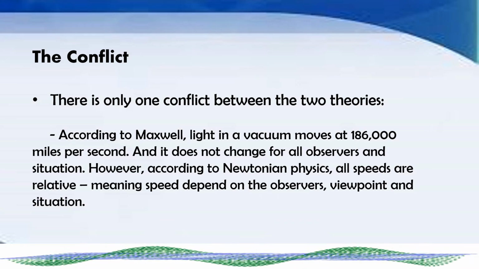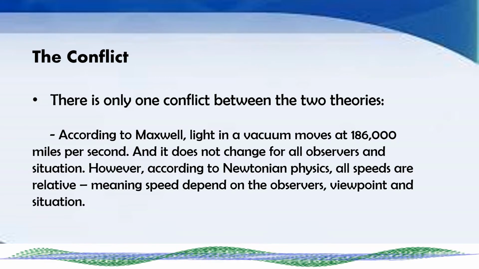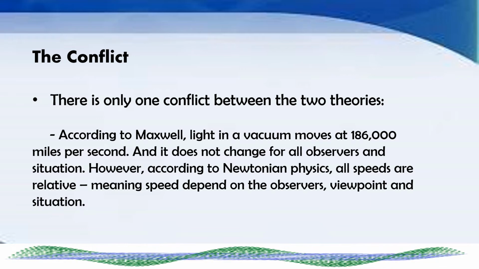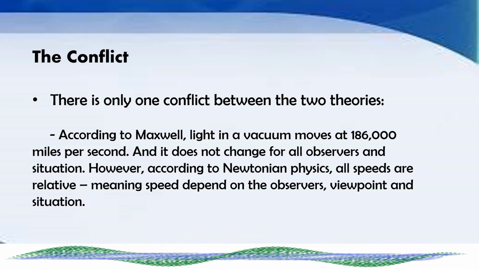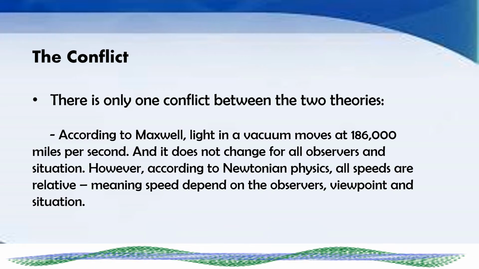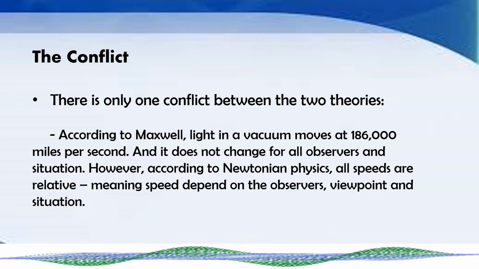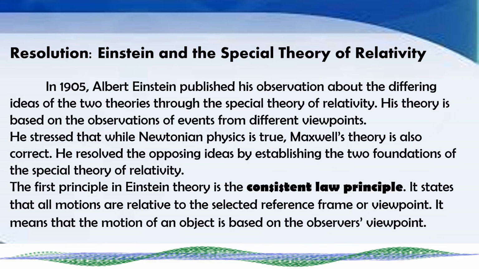However, according to Newtonian physics, all speeds are relative, meaning the speed depends on the observer's viewpoint and the situation. Okay? So how do they resolve this?